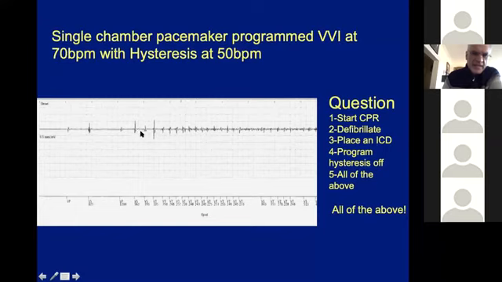That causes a PVC and triggers ventricular fibrillation. So do we need to start CPR? Probably. Defibrillate? Probably. Place an ICD? Probably. But most importantly, program hysteresis to off. So that's this question.